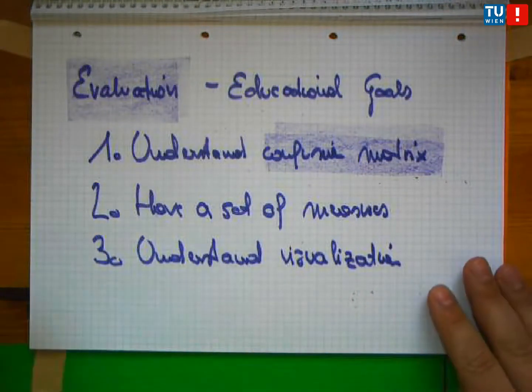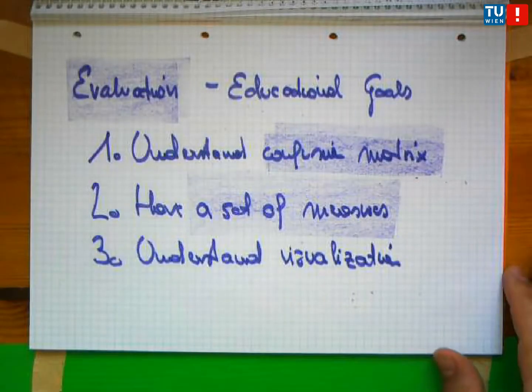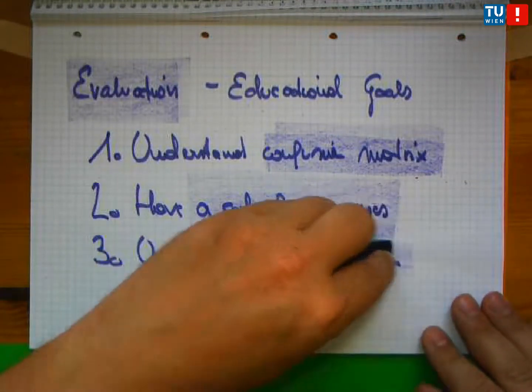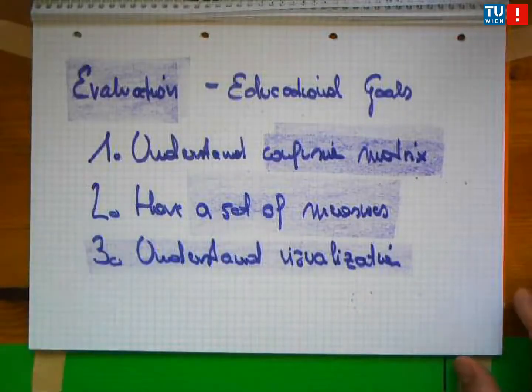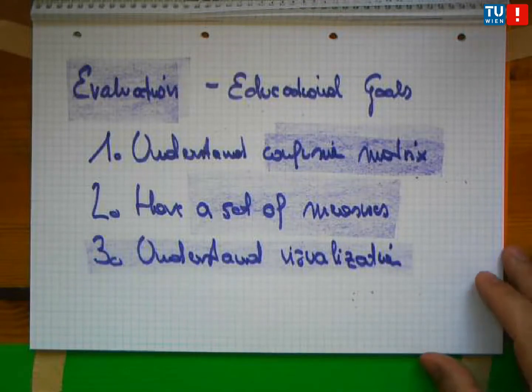Furthermore, I want you to have a set of measures available, including recall, precision, fallout, and more advanced things such as mean average precision and the F1 measure. I also want you to understand the visualizations, in particular receiver operating characteristics curves and recall precision graphs.